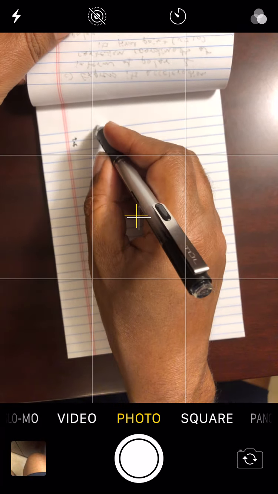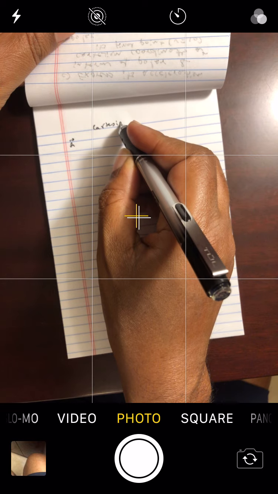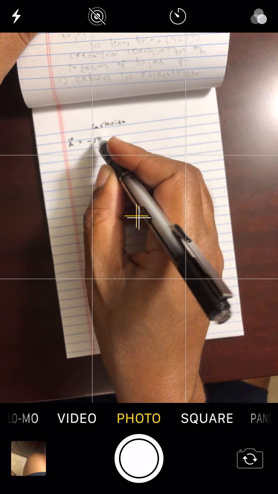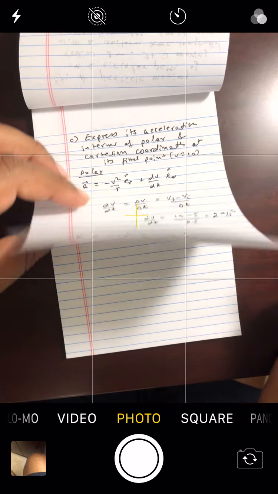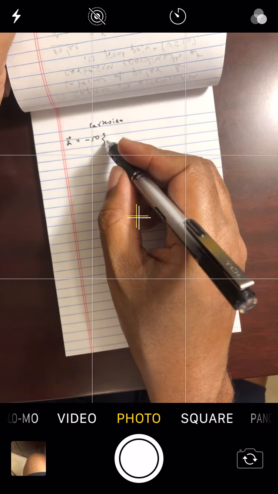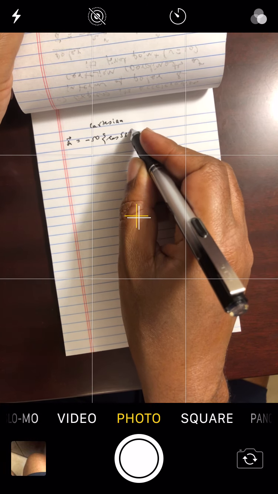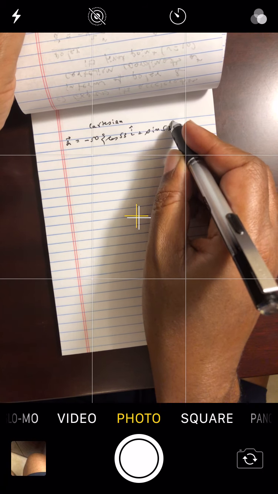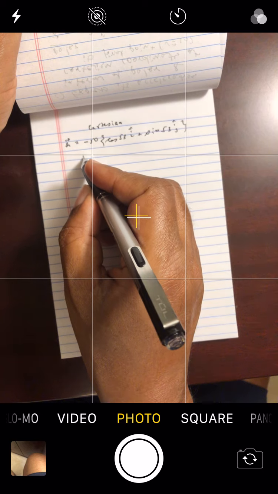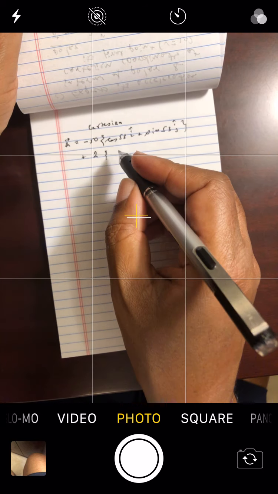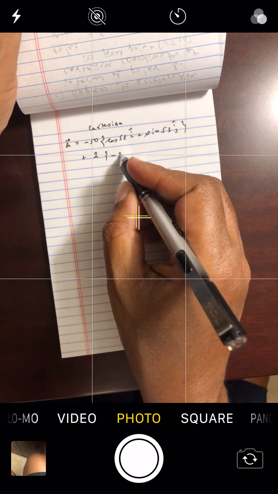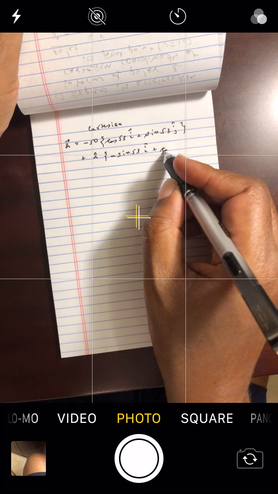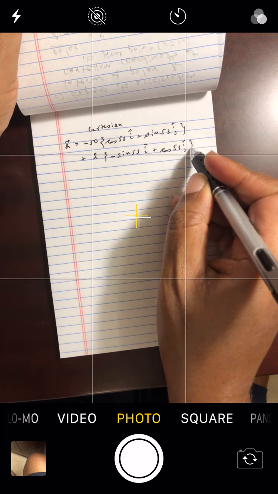So the acceleration in Cartesian coordinates, we're just going to express ER and E theta in terms of i and j. So ER is cosine of phi3 in the i direction plus sine phi3 in the j direction. Okay, this is ER. And then we have E theta, which is negative sine of phi3 in the i direction plus cosine of phi3 in the j direction.